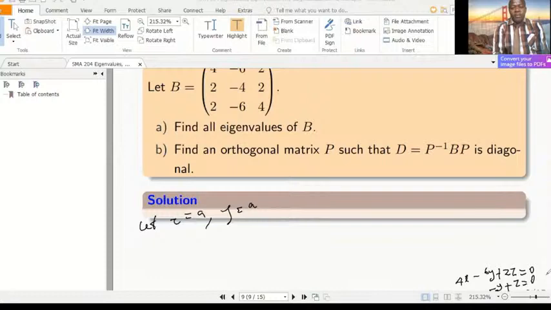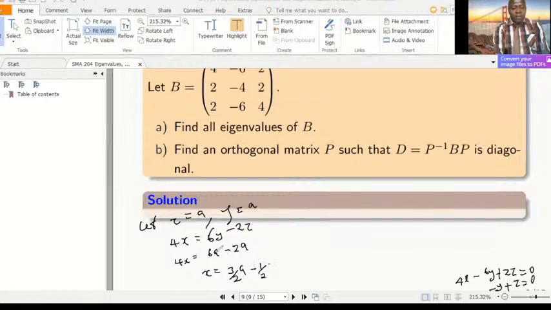Now what about x? The first equation tells us that 4x will be 6y minus 2z, where y is a and z is a. So x will be 3 over 2 a, when you divide through by 4.